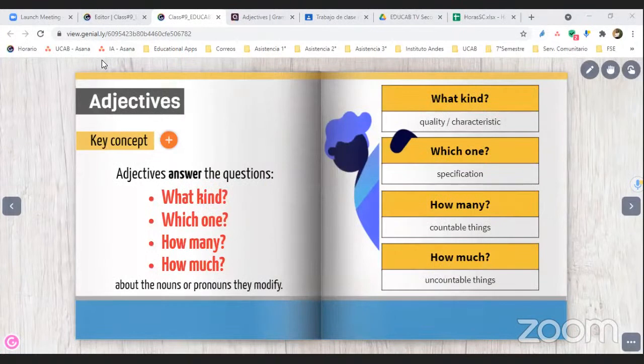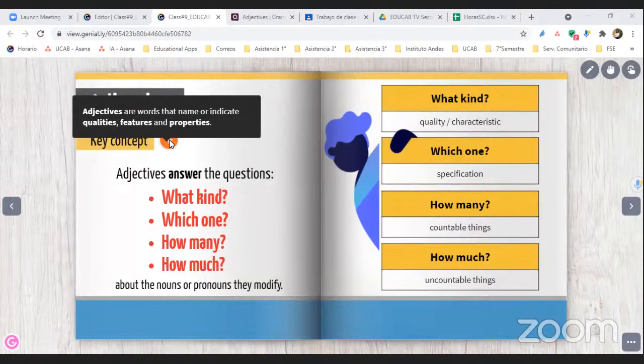Last class, we were talking about 4 questions, but before we were working with the definition of the adjectives. Remember that adjectives are words that name or indicate qualities, features, and properties, okay?